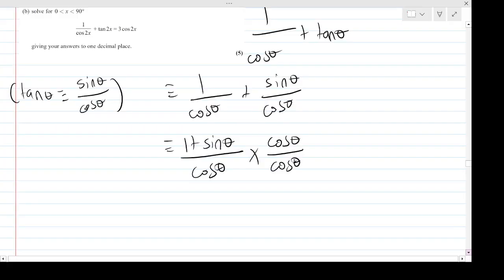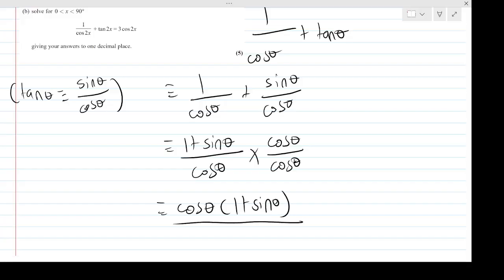So if I do that then, I get cos theta, lots of 1 plus sine theta, over cos squared. Now actually, this cos squared reminds me of this other identity: sine squared plus cos squared is 1.